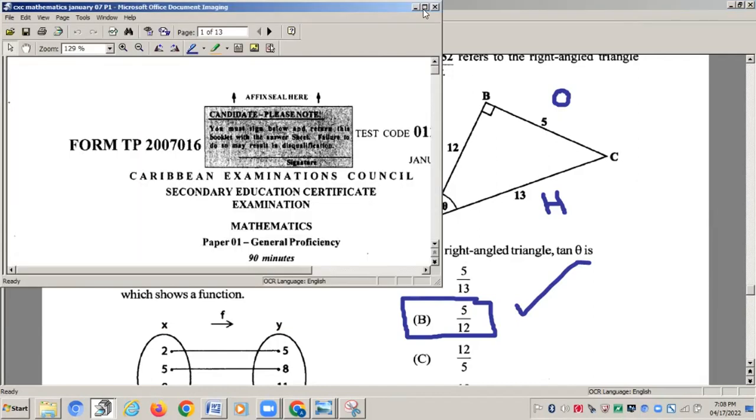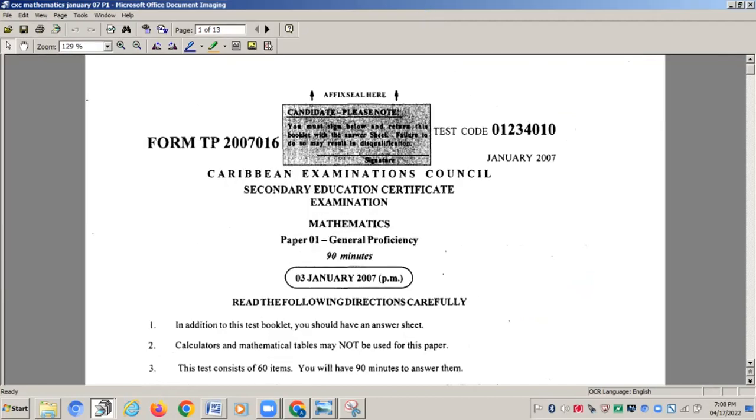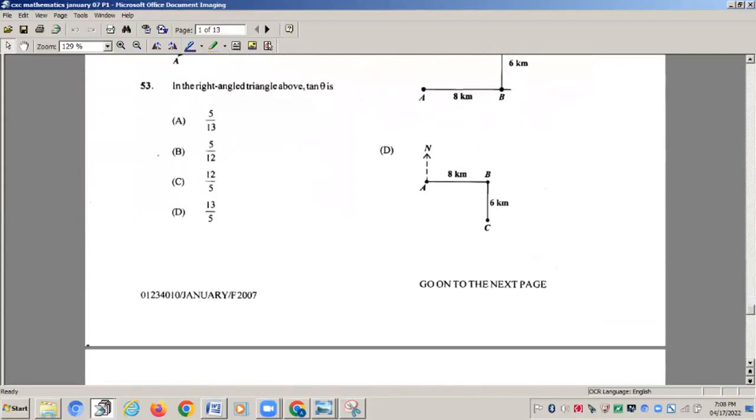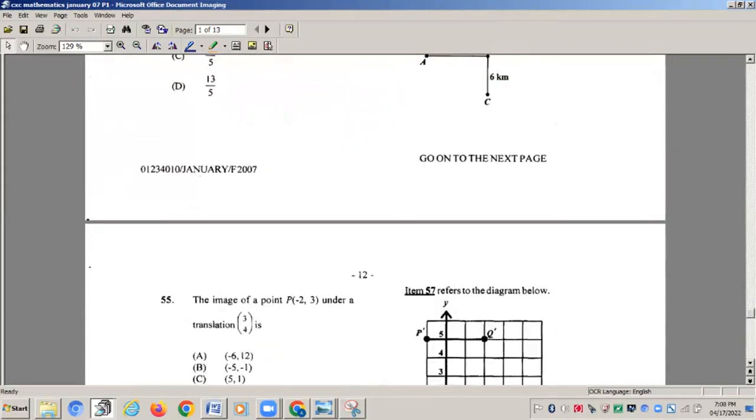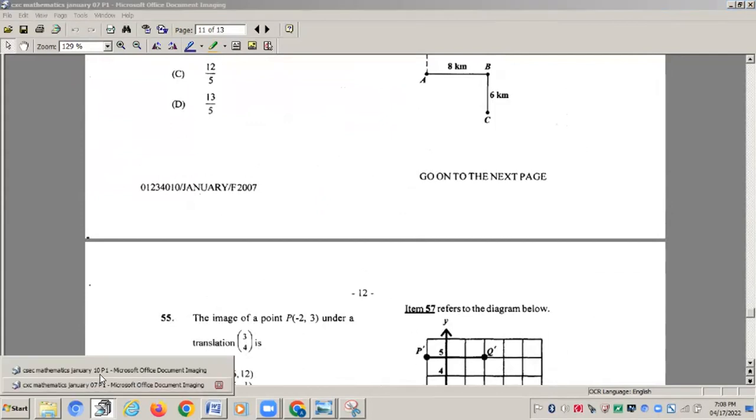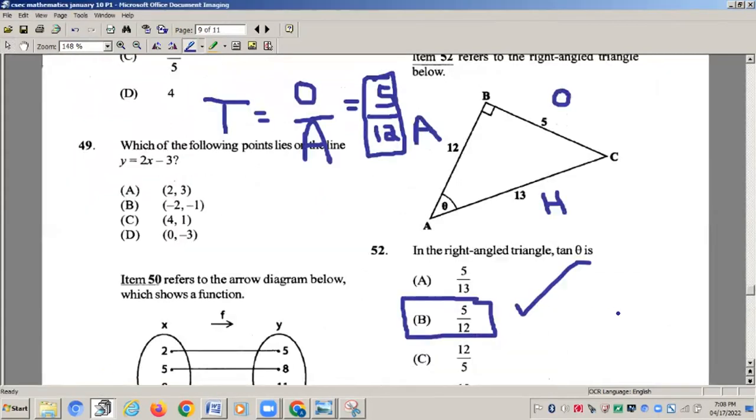Let me see if we can find another multiple choice. The internet just dropped me down at that question. Hold on, all right, come on back. You see now? The internet did chip out, so just come back.